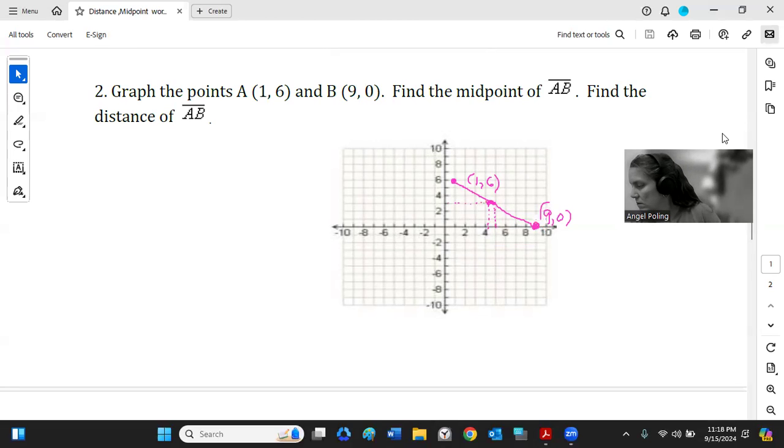Okay, so go with the 5, 3. Nice. Okay, so if we double check with the formula, then 9 plus 1 divided by 2 is 5, and 0 plus 6 divided by 2 is 3, and that's our midpoint.